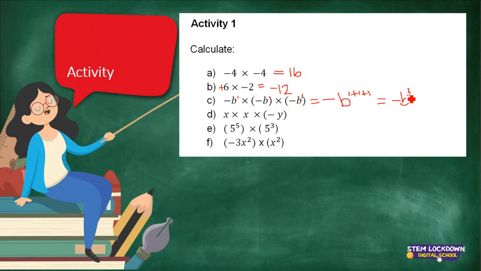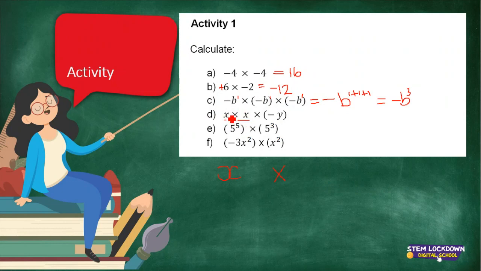Okay, now this one, the x times negative y. Notice x is written differently from a times. Make sure that your x is written like this, and your times is written like that. Don't confuse the two. So what is your answer here? Now here we can apply the laws because the base is the same for x and x.